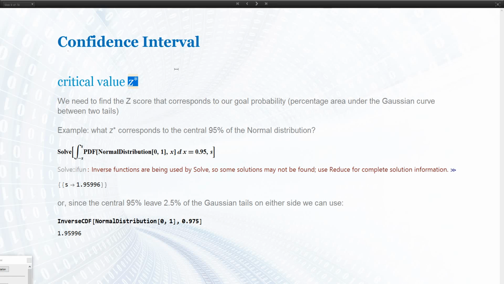For example, for 95%, I need to find the value on the x-axis here, such that the area under the curve is exactly 0.95, which means we have a critical value of 1.96, about 2.